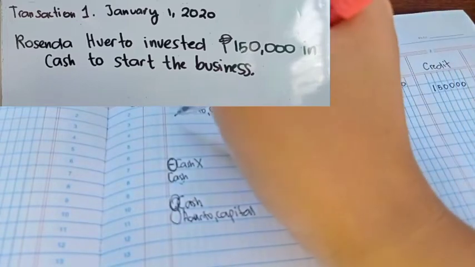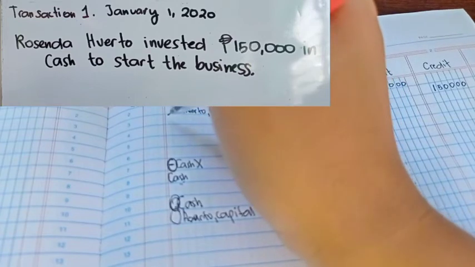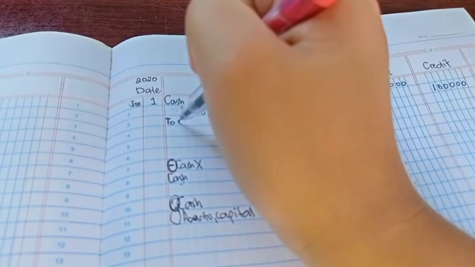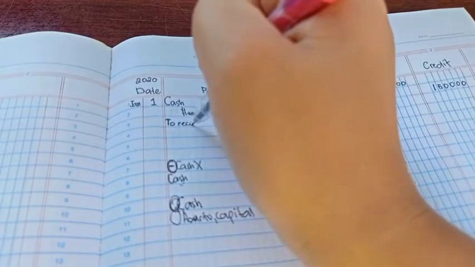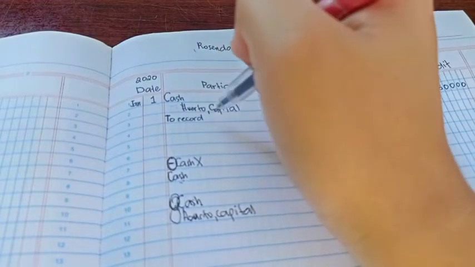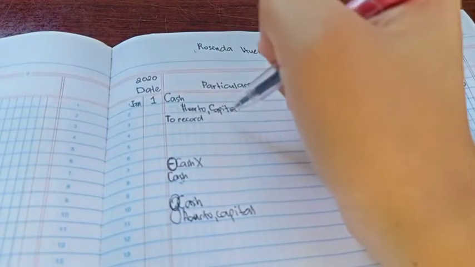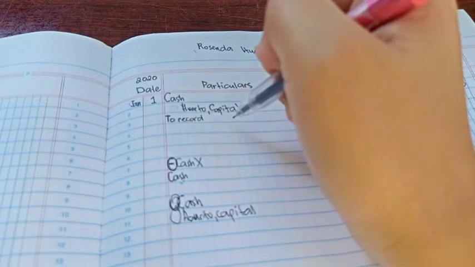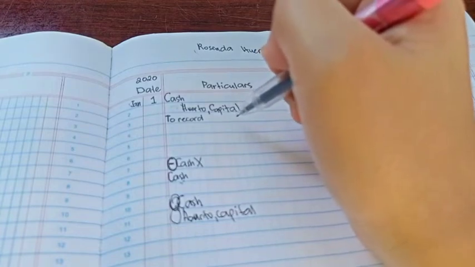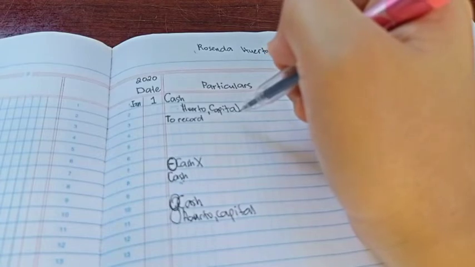So, ang ilalagay mong explanation dito, it will always start with the words to record. Why? Because the general journal is the chronological record of day-to-day business transactions of a company.